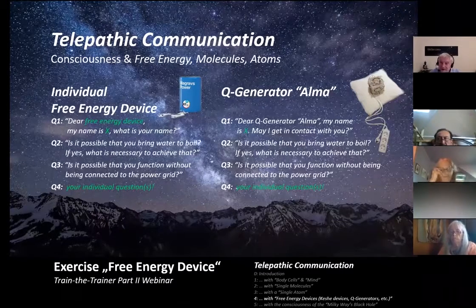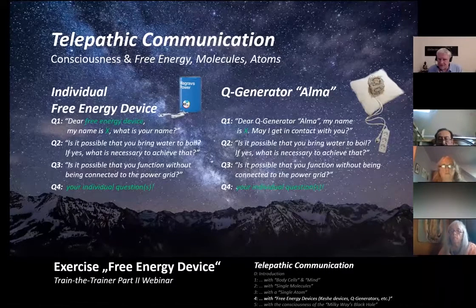So you can directly connect via the expression of love, the expression of respect and curiosity by focusing to this device using that image. Dear Q generator Alma, my name is Ashley, for example. May I get in contact with you?